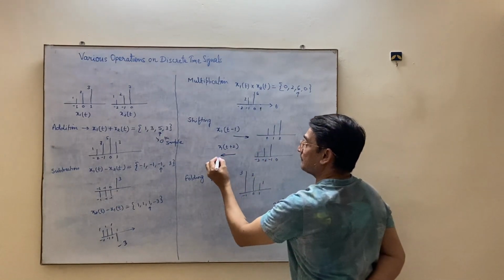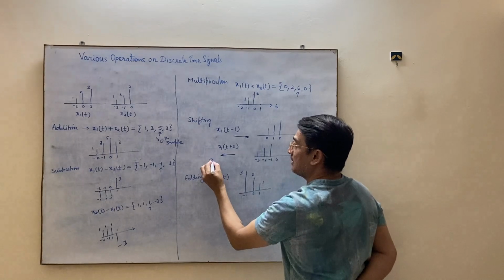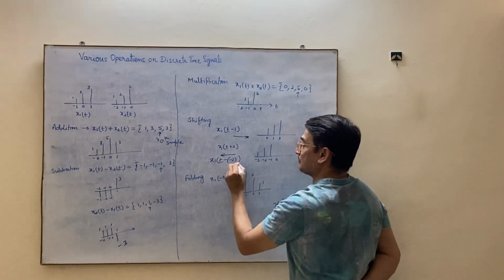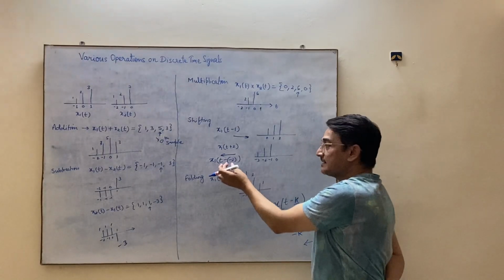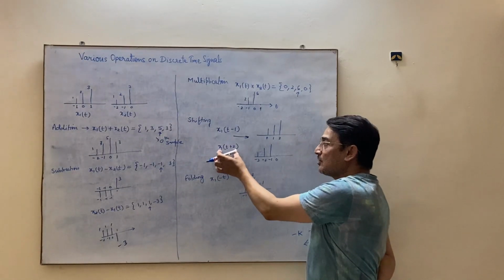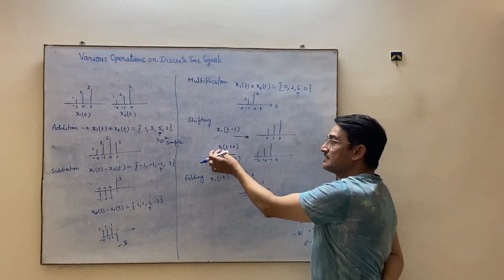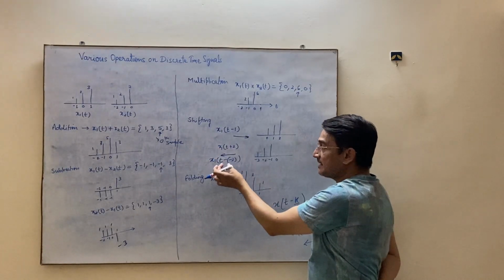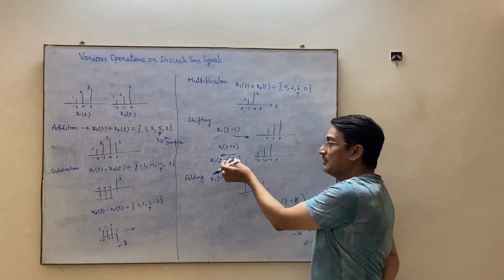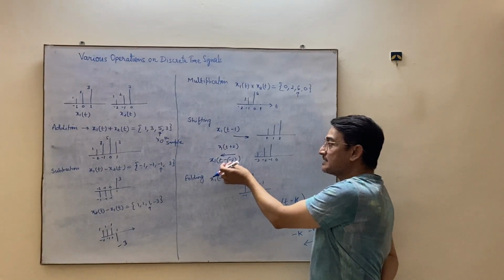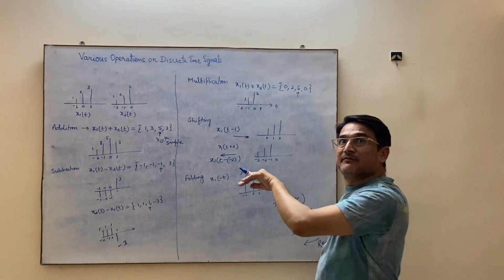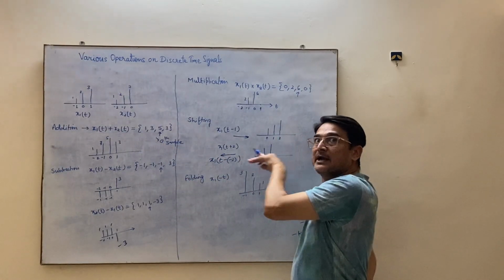Here x1 of t plus 2 is basically x1 of t minus of minus 2. That means the value of k is negative, but it is the way of writing that I am writing it as x1 of t plus 2. That means this number is a negative number. So that is why we are shifting the signal from right to left.